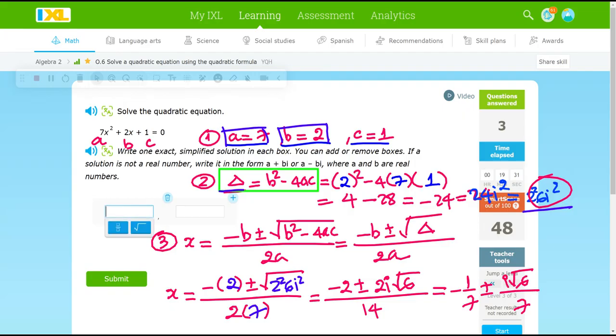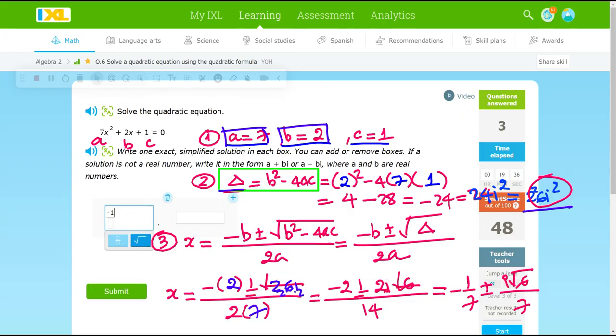So let's write the first one first. Fraction negative 1 over 7. Plus, and then fraction again, i square root of 6 over 7. Okay, so make sure you break down your answer into 2 fractions.